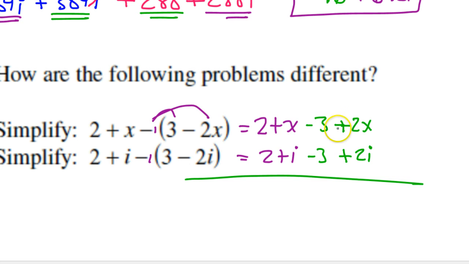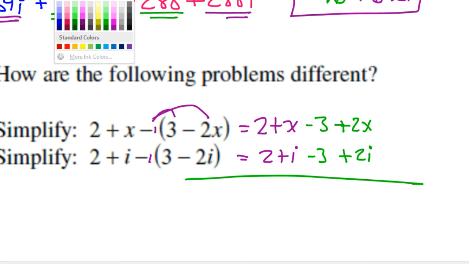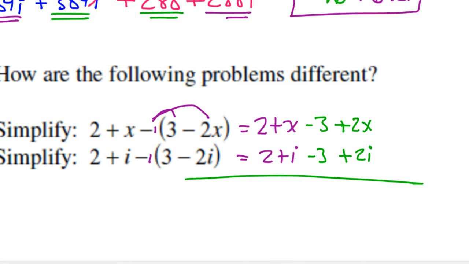The top problem with the x's: we have 1x plus 2x, so that's going to give us 3x. Now 2 minus 3 is, sorry, negative 1. So I have 3x minus 1. Now the same thing is going to happen down here, but the i term goes second.